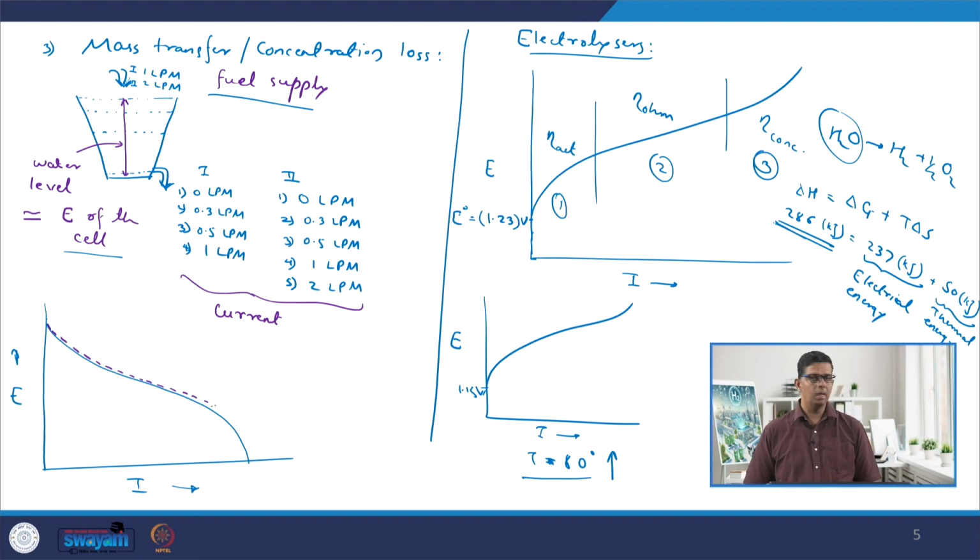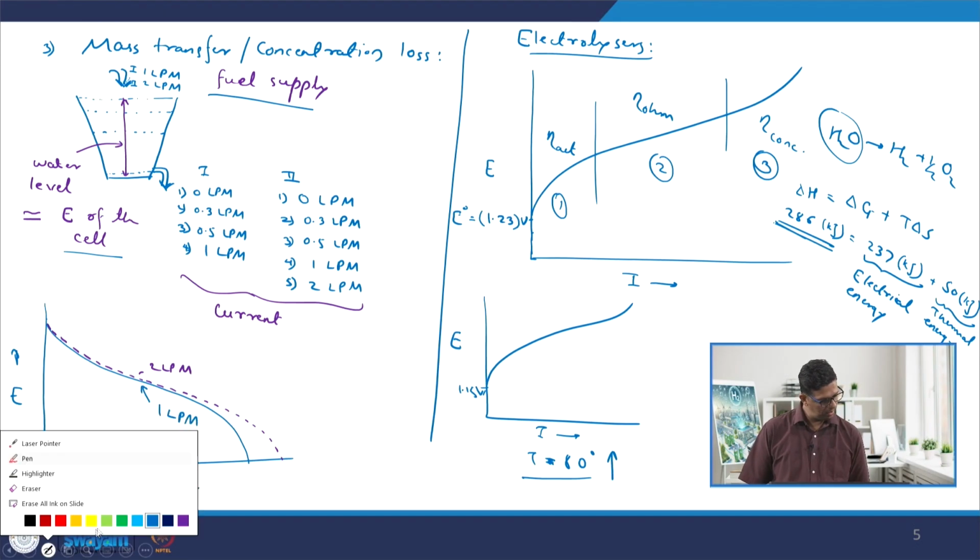However, when it comes to the third zone, third phase, we slightly see enhanced performance because we have increased the flow rate. Now we have enough fuel at the interface of electrode and electrolyte, so we observe less mass transfer loss. We can even go ahead and increase the flow rate. Let me write, this is for, let us say, 2 LPM. These are merely examples, and this one is, let us say, for 1 LPM.